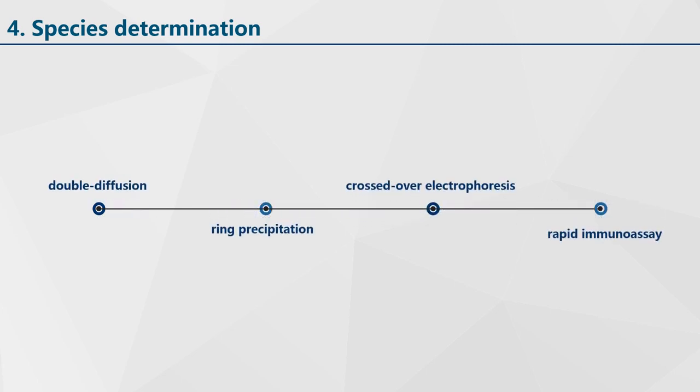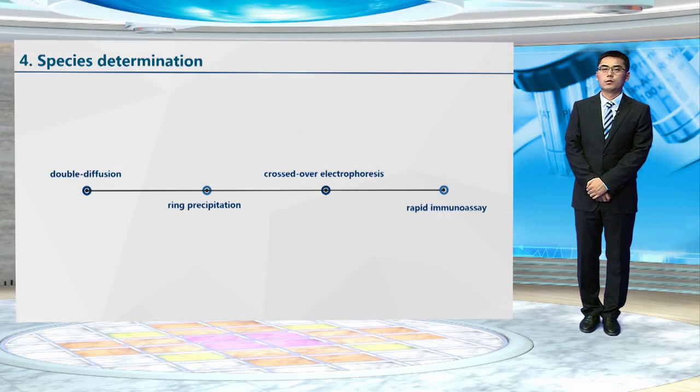The fourth part, species determination. When a stain has been identified as blood, those results alone may not be sufficient for investigative or analytic purposes. It is often necessary to determine if the blood originates from a human before further genetic marker analysis.